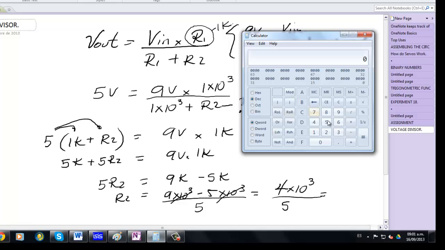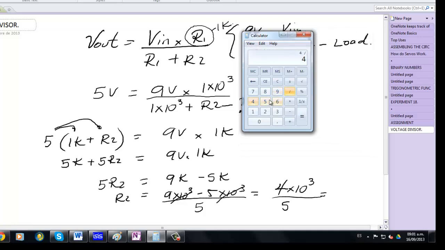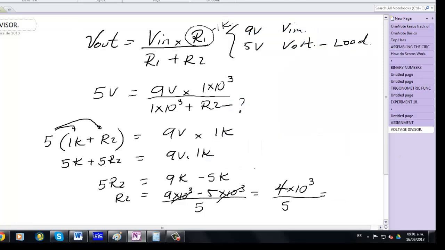So here I have 4 divided by 5, give me a second, 4 divided by 5, and we have 0.8. Now remember that this is the value that I'm looking for.